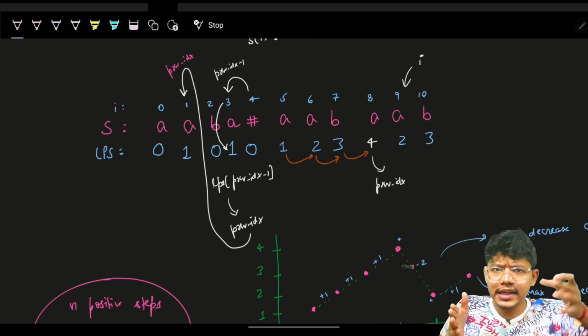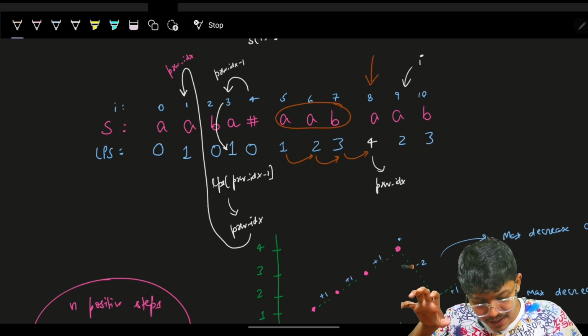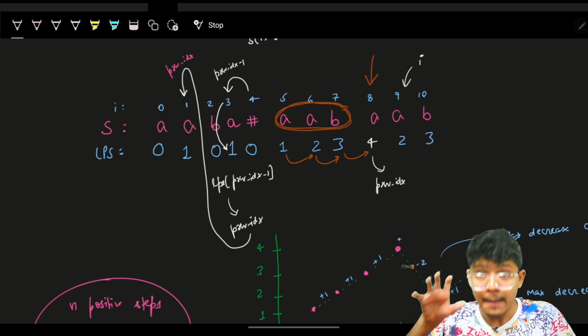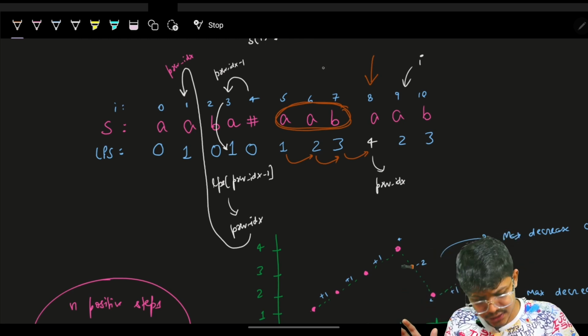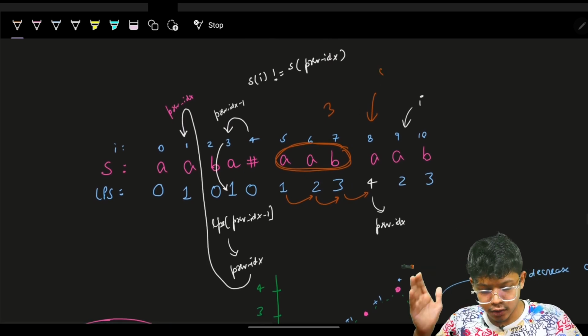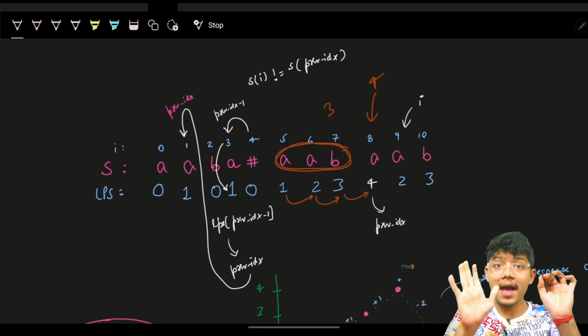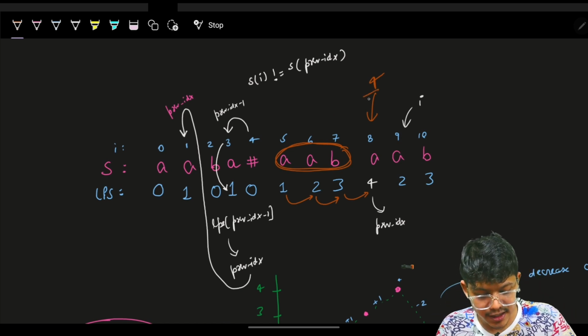Length can only increase by 1, which means if at this index my prefix matching with my suffix is of length 3, if I add 1 character, I cannot directly increase my length to 5. For sure, my length will at max increase by 1, to a length of 4.